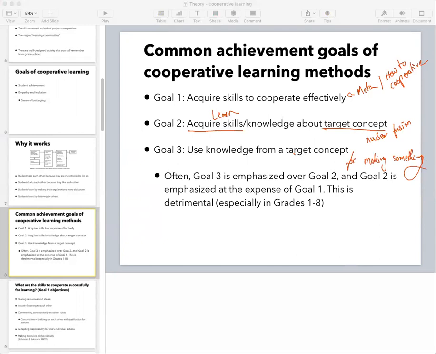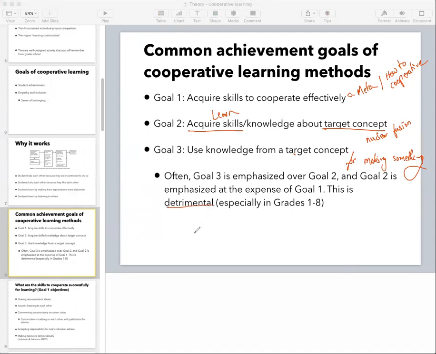Now, unfortunately, in the real world, goal 3 is often emphasized over goal 2, and goal 2 is often emphasized over goal 1. While we live in the real world, there are reasons why this happens with the structure of our schools. As a learning engineer, you should understand that this is detrimental.